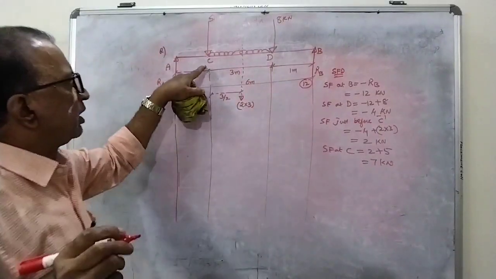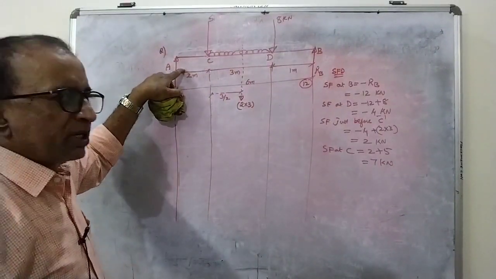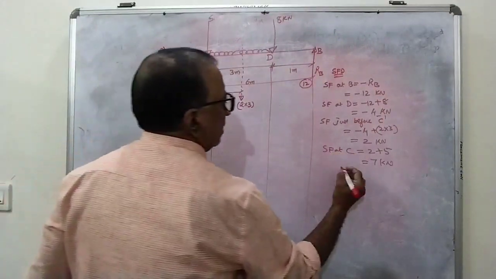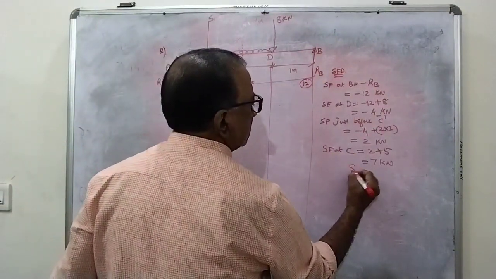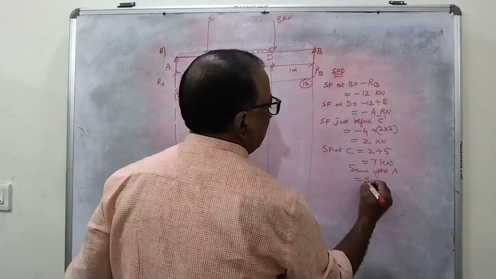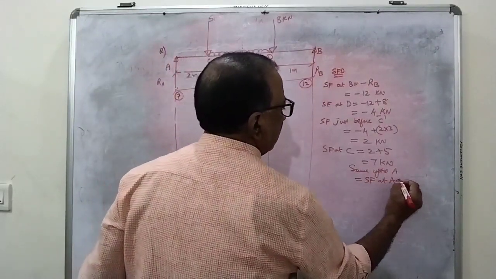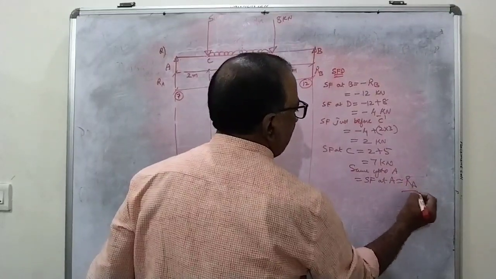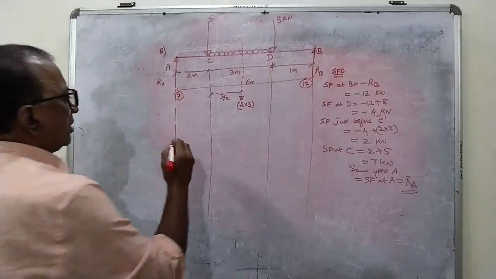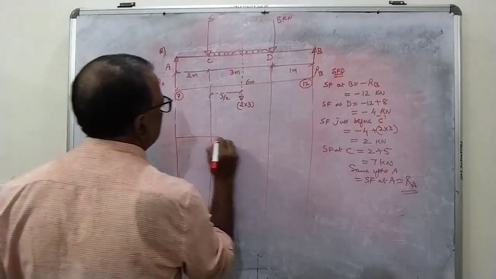Now are you seeing any load from C to A? So it means that it remains constant from C to A, and automatically this is same up to A, which is equal to your shear force at A, and that is equal to your RA value. Am I right? What is the RA value? 7. So it will coincide with that value.